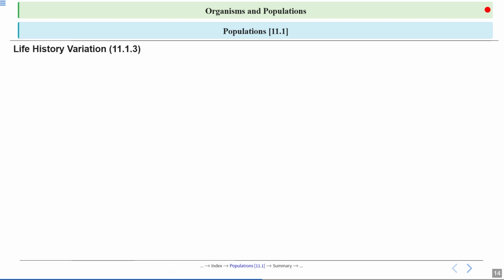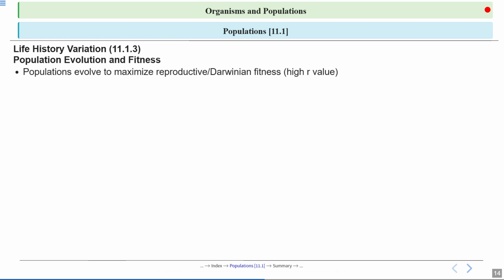Let's talk about life history variation now. First, let's talk about population evolution and fitness. Here the population evolves to maximize reproductive fitness, or Darwinian fitness, which means they have a higher r value. So the population aims for a high reproductive rate, often referred to as a high r value.